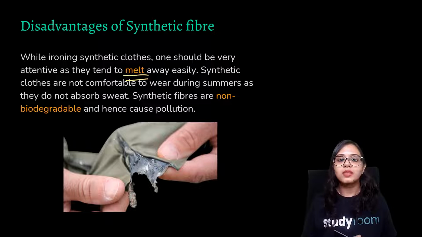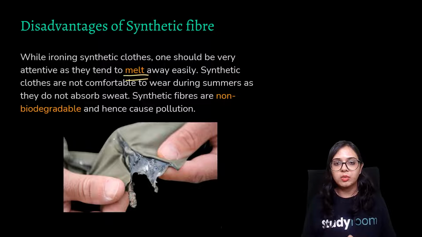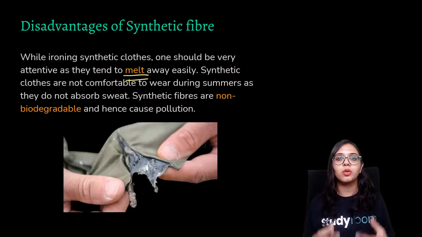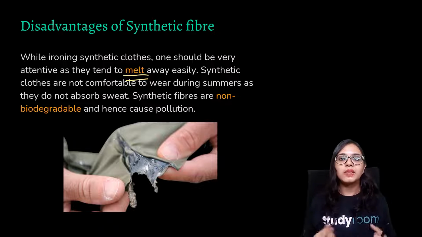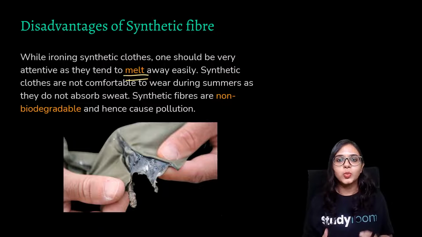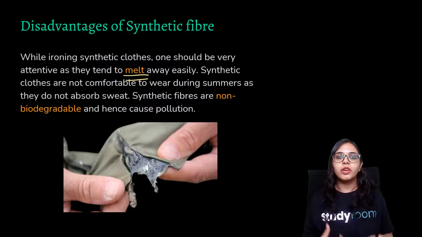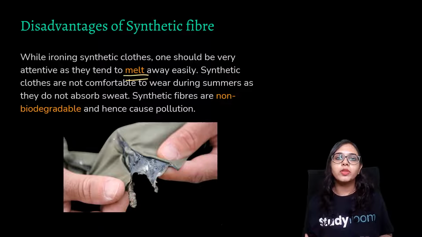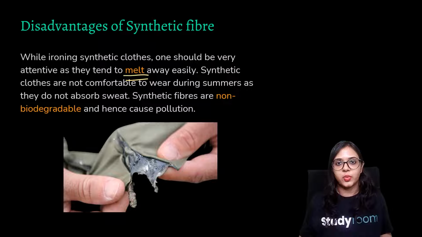Synthetic cloths are also not comfortable to wear during summer, because they do not absorb sweat. In that experiment we just saw that synthetic fibers do not tend to absorb a lot of water. That is why they get dried easily in the sun. During summer you sweat a lot, and naturally you would want to wear clothes that soak up your sweat, so that your body is getting rid of it.